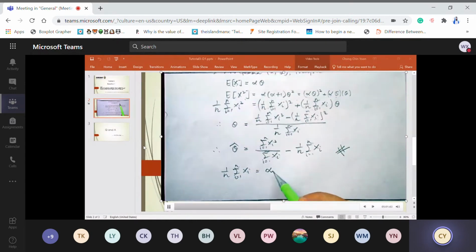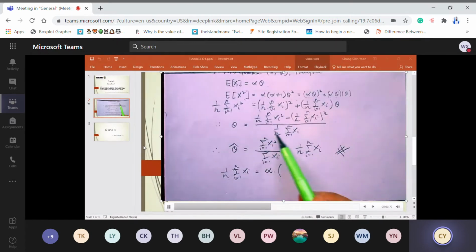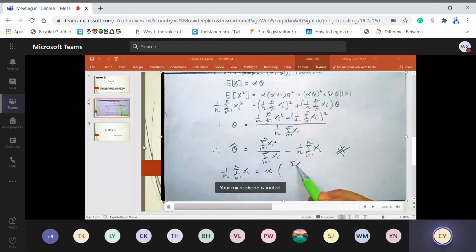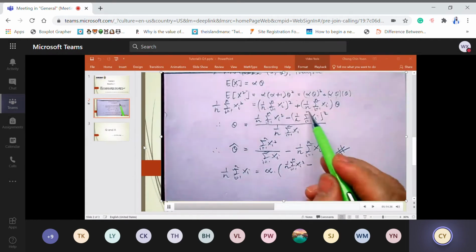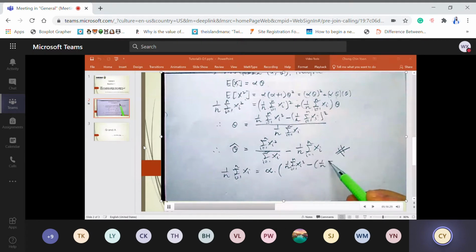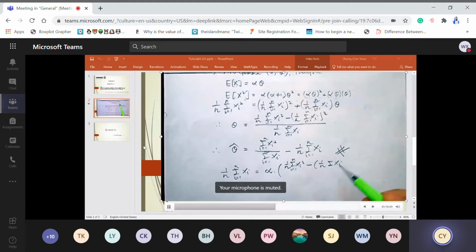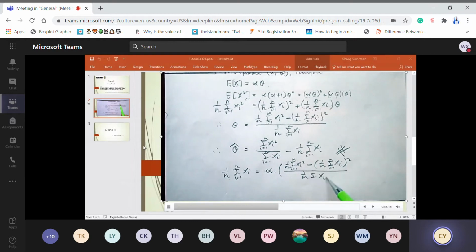So alpha times this result instead of this, so we will have the summation of xi squared divided by n minus 1 over n multiplied by the summation of xi squared and divided by 1 over n multiplied by the summation of xi.